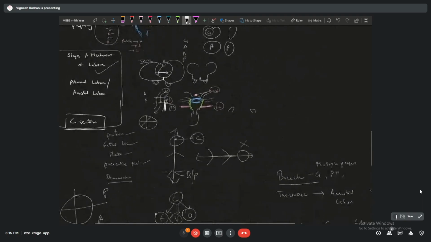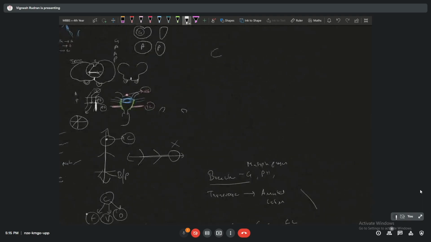The last thing I'll touch upon is your C-section. For cesarean section, you have your classical and your newer one. For most of gynecology and obstetrics, just remember this incision, the Pfannenstiel lower abdominal incision. So this is your abdomen, you have the umbilicus over here, the pubic symphysis over here.